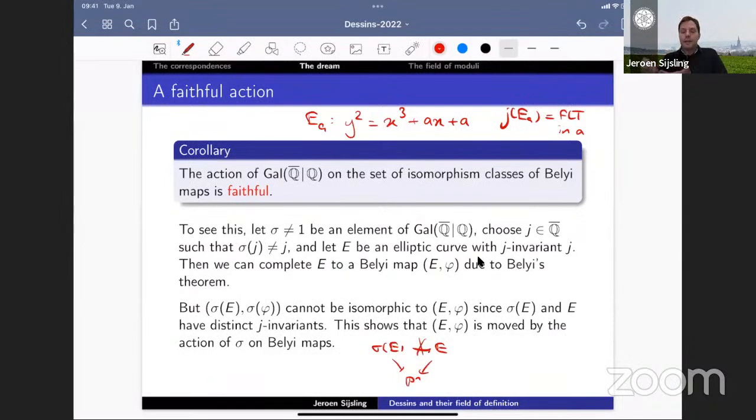Now suppose that someone comes to you with your favorite J. Then you just take the inverse fractional transformation, put that for A, and that will work. And that is then defined over Q bar, because your A, as a fractional linear transformation over Q of this J, is in fact also in Q bar. Okay? But you're right, this is a very important point also for curves to be able to do this. But in fact, there is never a problem for curves. There is never a problem of descent from C to Q bar. That is always fine.